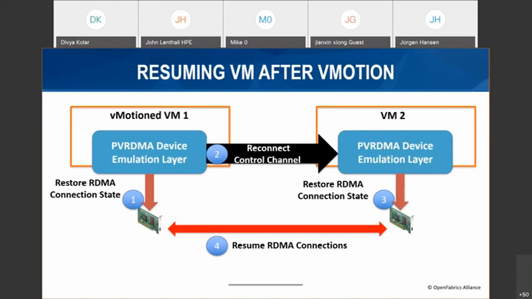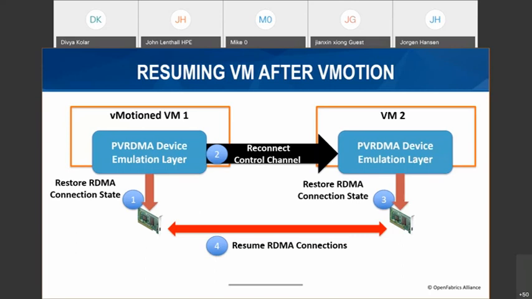On the destination host, we then use this snapshot of the VM to recreate the state of the PV RDMA device. As part of that, we recreate all the physical resources of the PV RDMA device as well, first for the vMotioning VM.